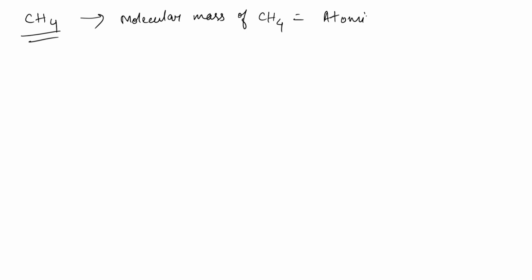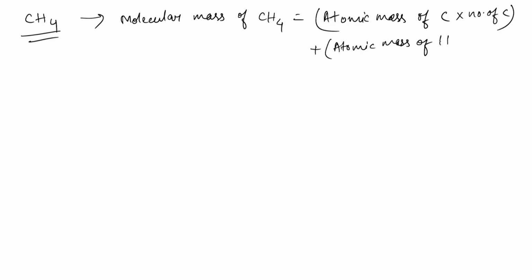For example, take the methane molecule. The molecular mass of methane will be equal to the atomic mass of carbon into the number of carbon atoms, plus the atomic mass of hydrogen into the number of hydrogen atoms. The atomic mass of carbon is 12 into 1, since 1 carbon is present, plus the atomic mass of hydrogen, 1, into 4, since 4 hydrogens are present.